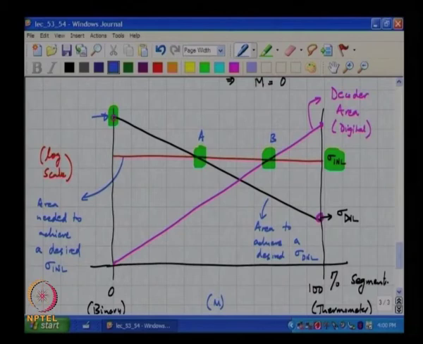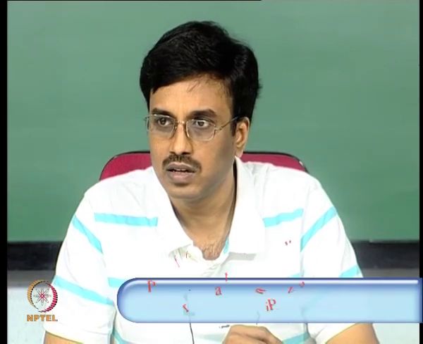At A and B the INL is the same, but the degree of segmentation is higher at B than at A. So, what can you say about the performance at B? The sigma DNL is clearly much smaller than the sigma DNL at A. So, it makes more sense to choose the more segmented solution.